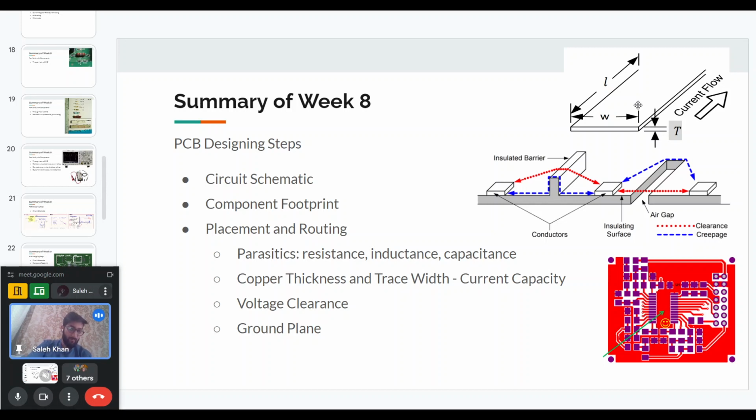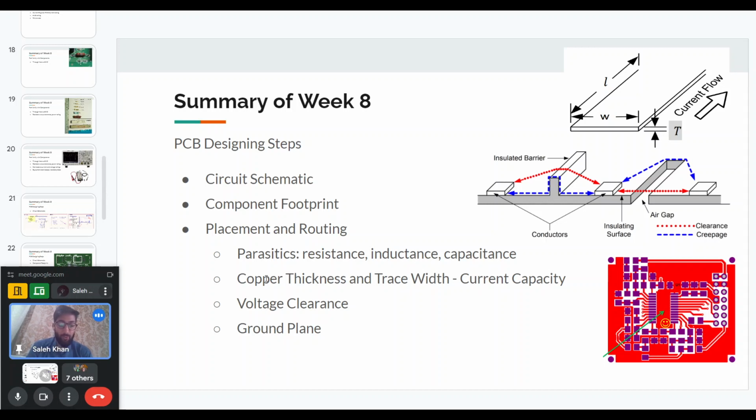They will produce a magnetic field if the current is varying, and that leads to inductance. If there are multiple traces, and a trace and the ground, there will be capacitance related to it. All of these add to parasitics, and they may lead to noise, over voltages, and voltage spikes. So all of these things you have to consider when you design your converter.